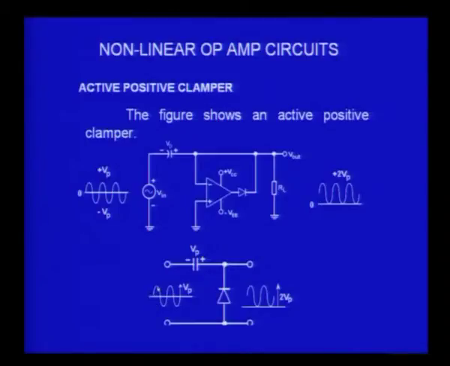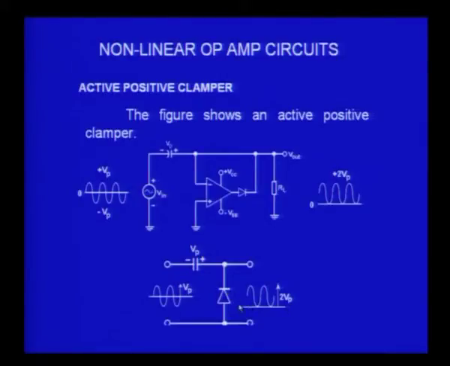So, when the input is maximum V peak, you have to add another V peak here due to the battery or the capacitor, and so the total output will be 2 V peak, and when you go to 0 you will have this V peak, and when you go to the minus V peak, this plus V peak will add with that and you will get 0.